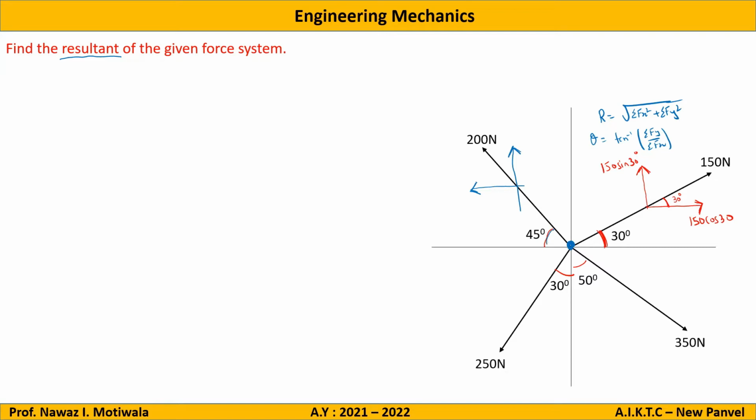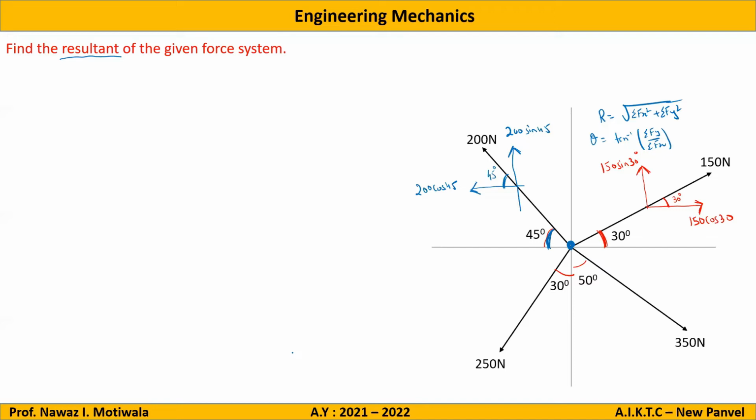Here it is given that this angle with respect to x-axis is 45 degrees. तो ये भी कितना हो जाएगा with respect to x? 45. Now if this is angle 45 and this component is adjacent to the angle, so this will be 200 cos 45 and this will be 200 sin 45. So now the 2 wickets are down.